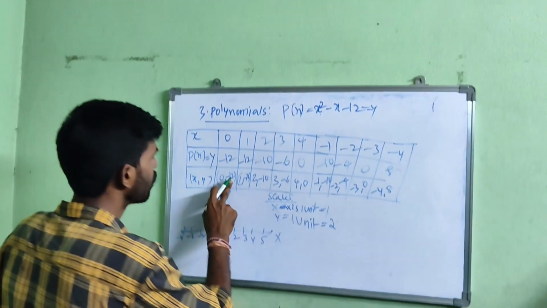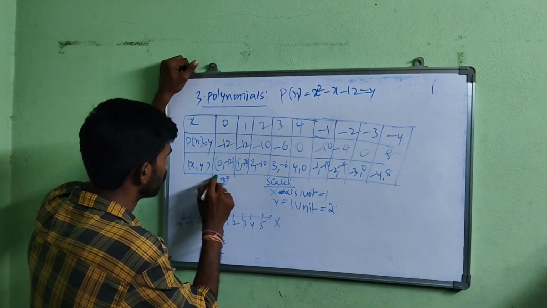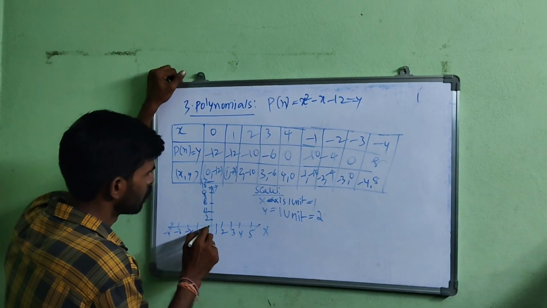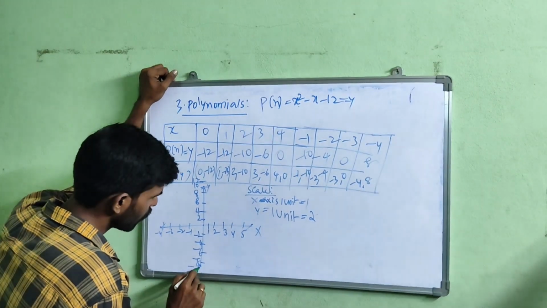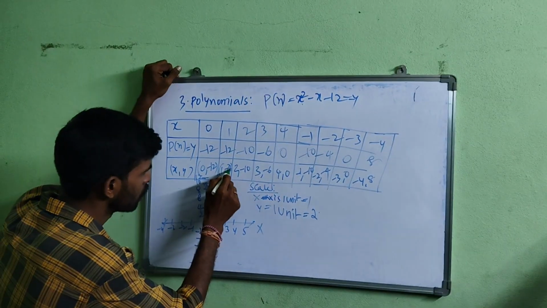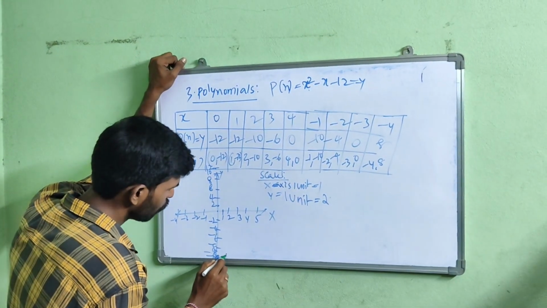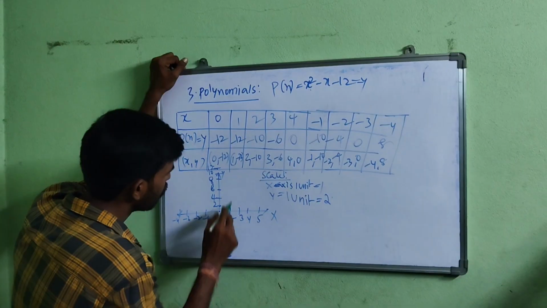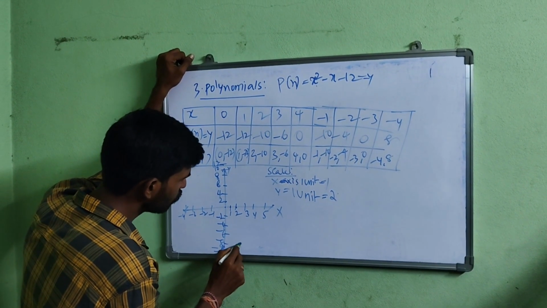Now 0 comma -12 is there. Here 8 10 12, so -12 is here. First we get this point. Next 1 comma -12, 1 here and -12, same. Next 2 comma -10, 2 and -10 here.